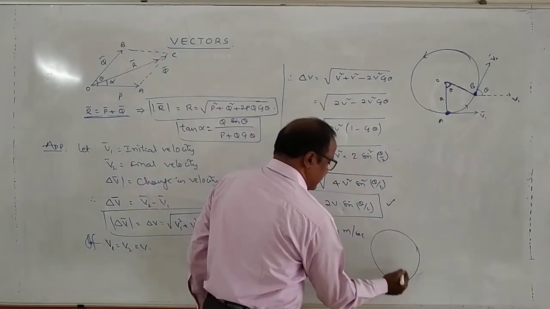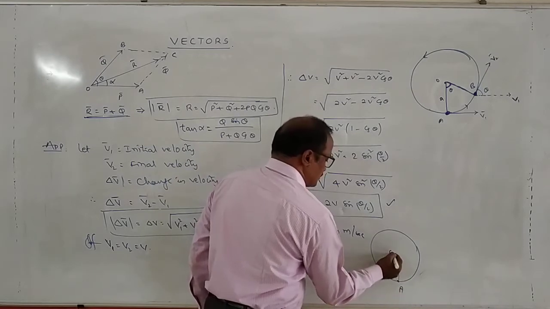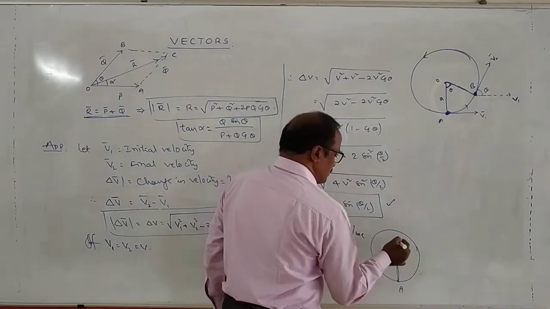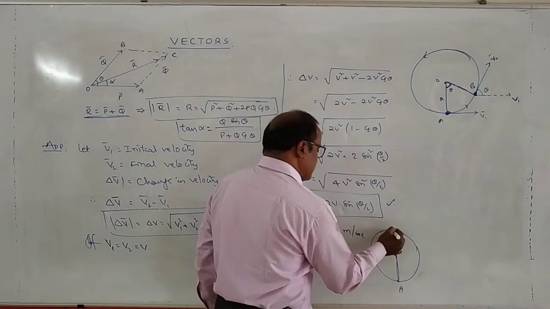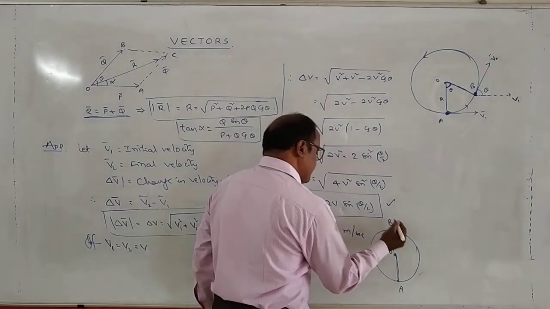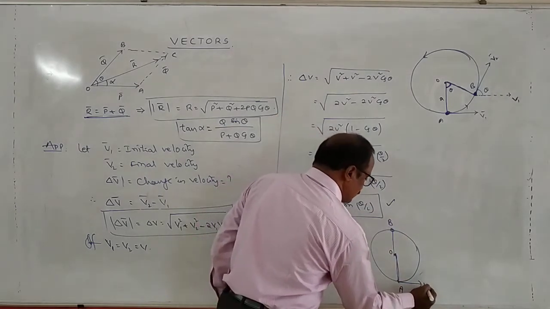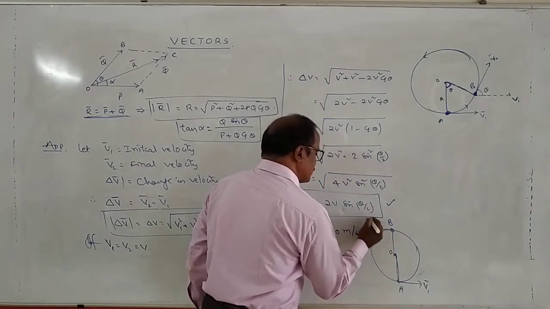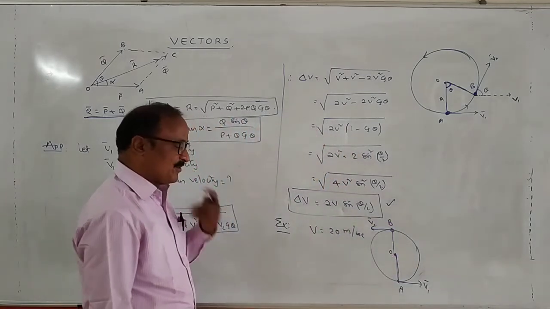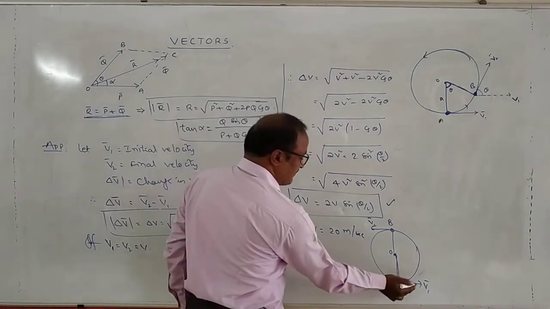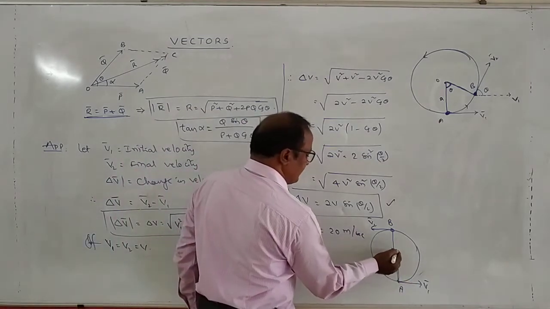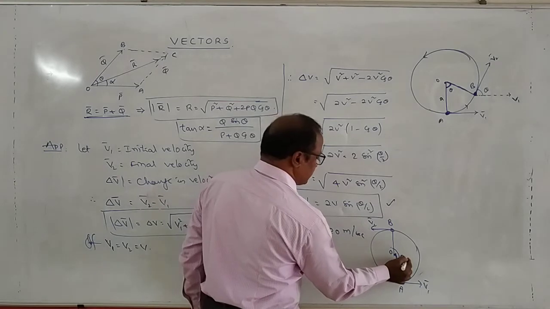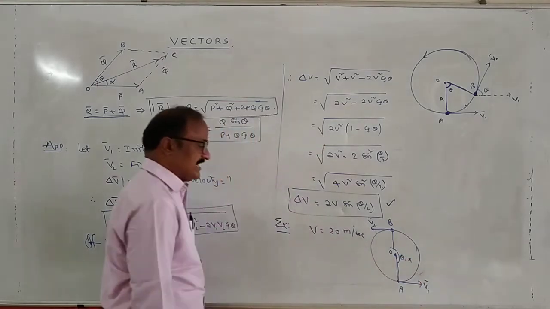Initially the point is lying at A, and this is OA, and here the body is moving to this point. Here the velocity is v1 bar, and here the velocity is v2 bar. Now what is the angle between v1 and v2? The angle between them is theta, equal to pi radians.